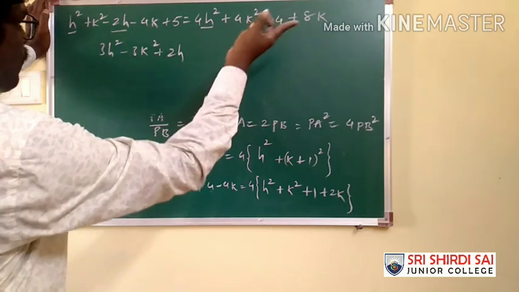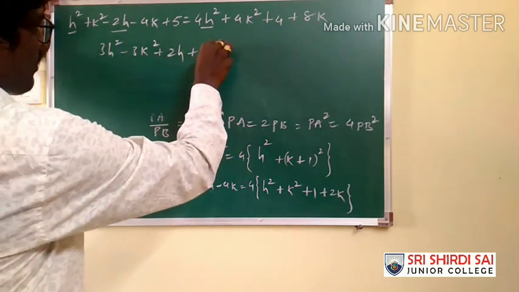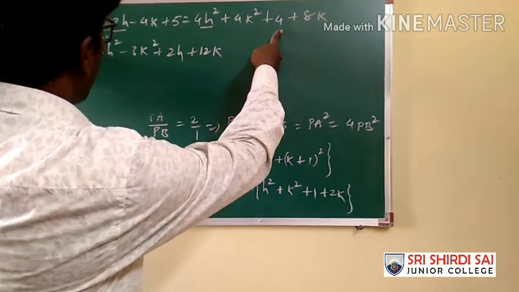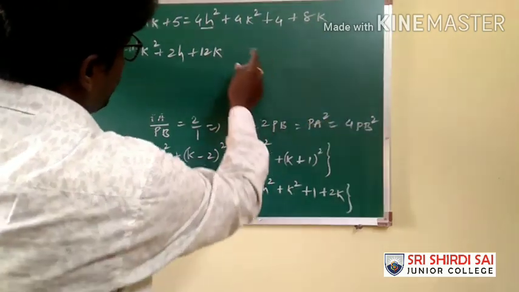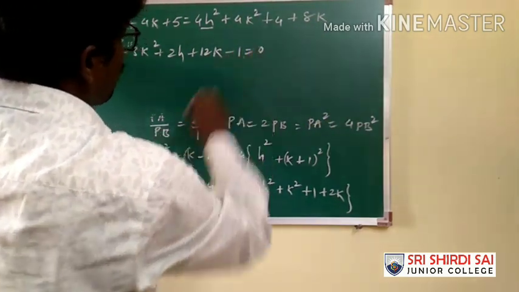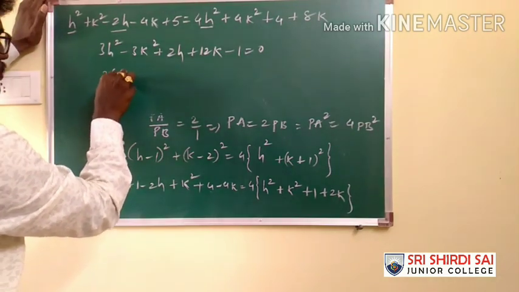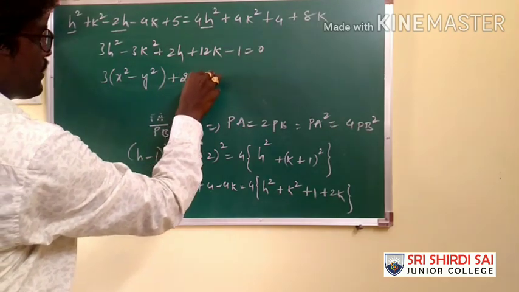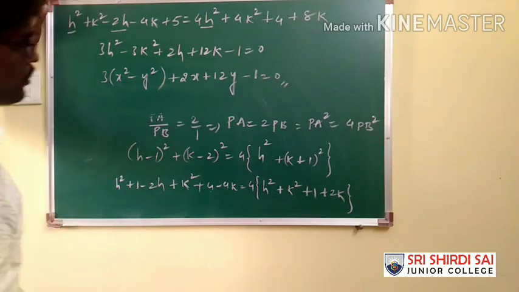On transposing minus 4k, the right side will be getting plus 4k. 8k plus 4k, 12k. And the constant is 4, and here we have the constant plus 5, and sending to the right side we will be getting minus 5. 4 minus 5 equals minus 1. Therefore, what is the locus equation? 3 times of x square plus y square plus 2x plus 12y minus 1 is equal to 0.